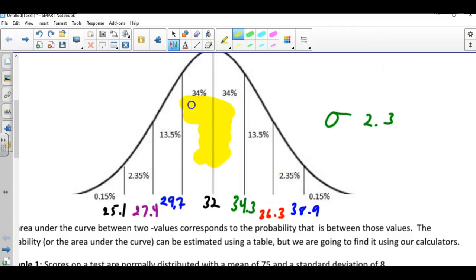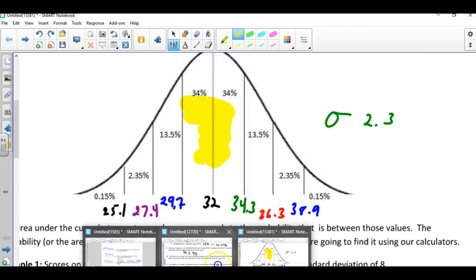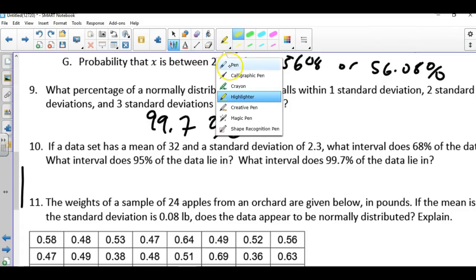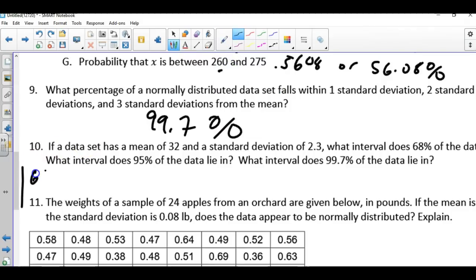And so we would say between 29.7 and 34.3. So 68% will give us a range of 29.7 and 34.3.